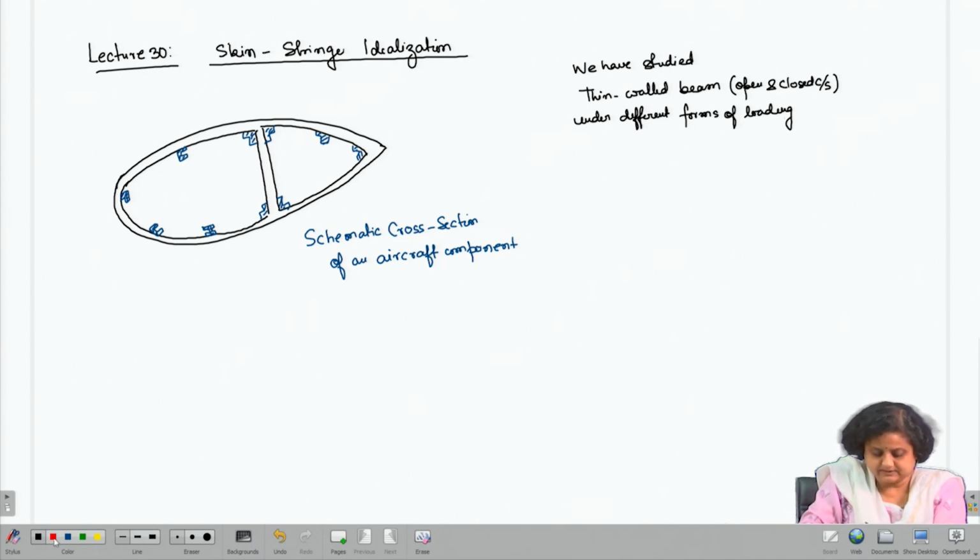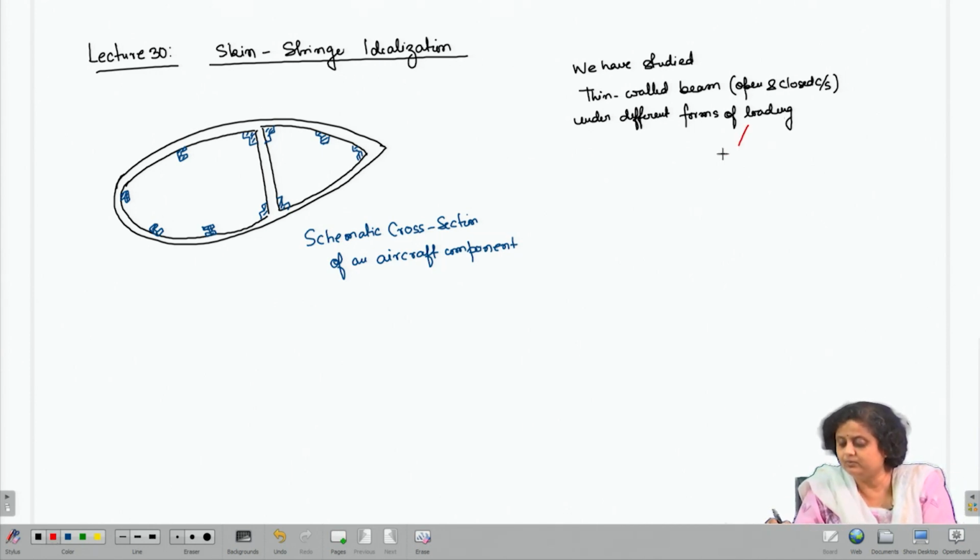So, this loading was, we have studied torsion, we have studied bending moment, and we have studied shear forces.